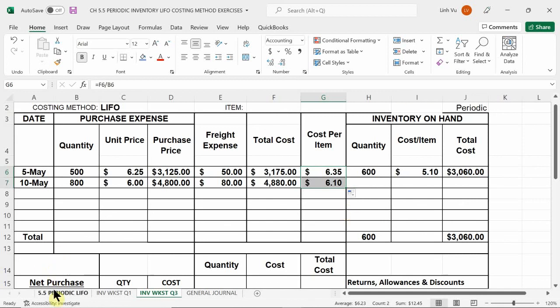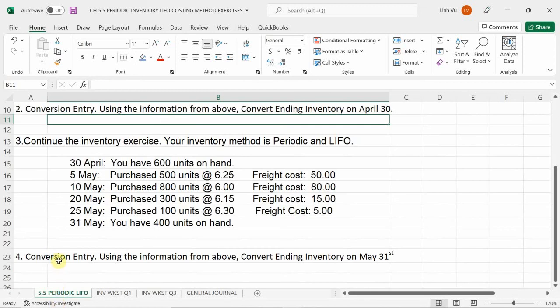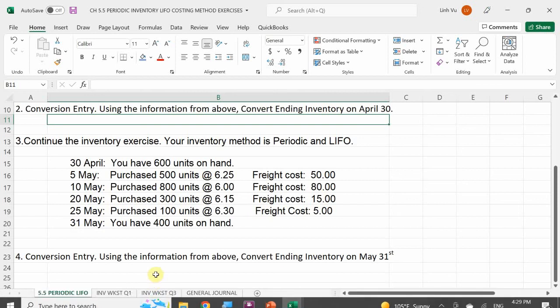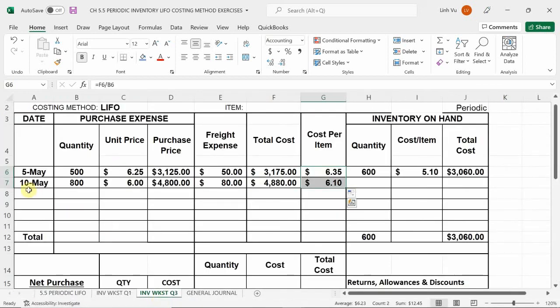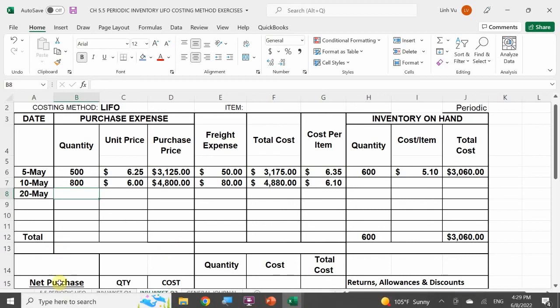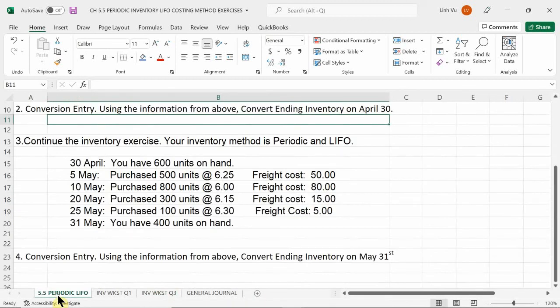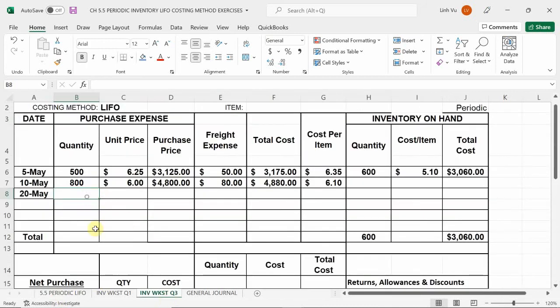All right, so everything is going to be the same. You're going to continue on with your purchase on May 20th, which you purchased 300 units at $6.15 with a freight of 15.